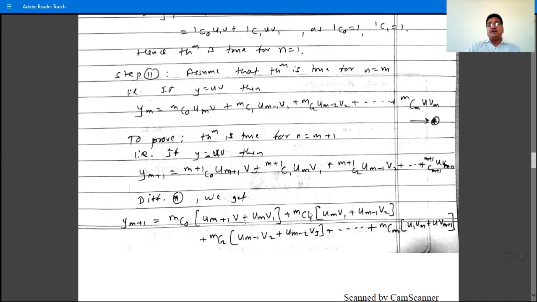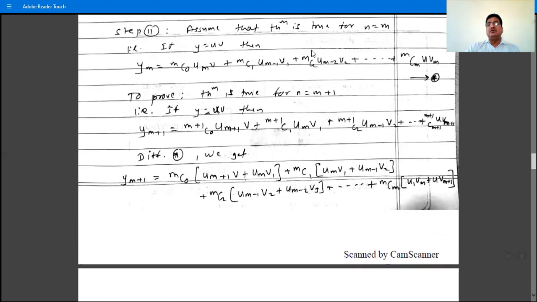Then mC1 is again a constant, and we take the derivative of this quantity. First take the derivative of u(m-1); it is um. How can we write the next order derivative? Add 1 in the suffix. So u(m-1) becomes um, v1 as it is, plus u(m-1) as it is, and the derivative of v1 is v2.